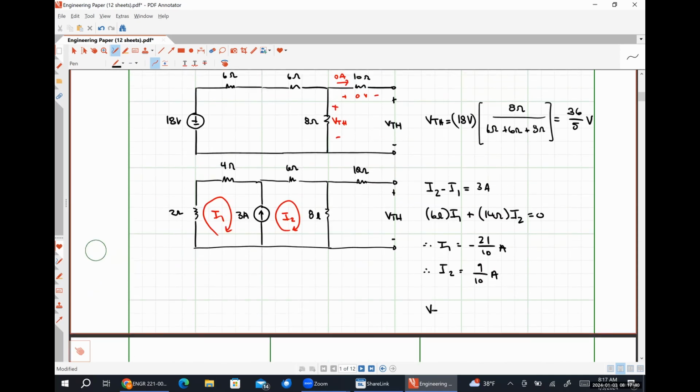From this, VTH is just going to be 8 ohms times 9/10 of an amp, which gives me the same 36/5 of a volt. So two different ways, got the same answer.